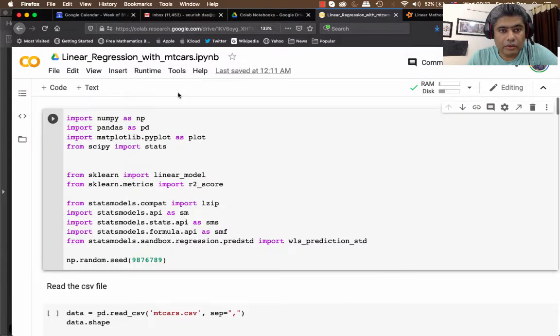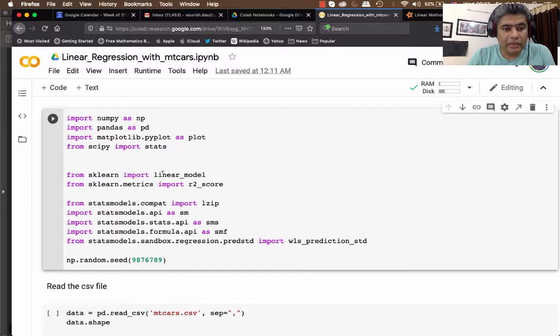So we can close this. For this session, we are going to use NumPy, pandas, and pyplot from the matplotlib library, and SciPy, from which we will use the stats package.